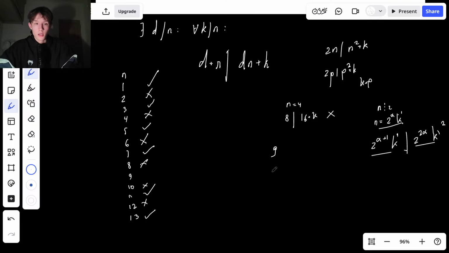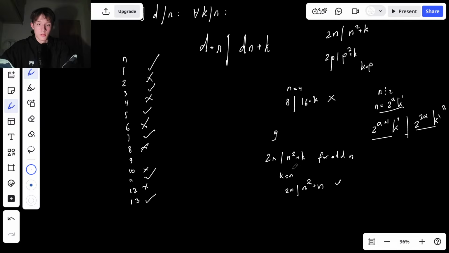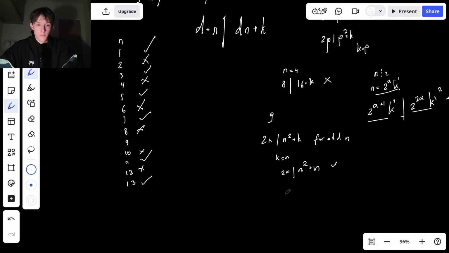So for odd ones, 2n should divide n squared plus k, and take k equals n, and then just get 2n divides n squared plus n. That will be true because n plus 1 is divisible by 2. So 1 and n are good to go.